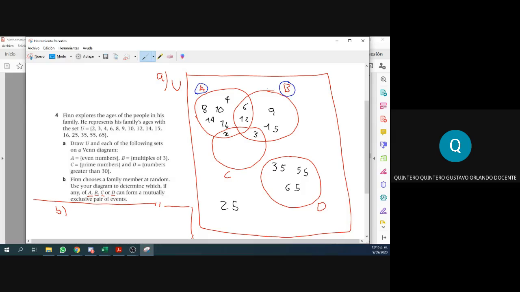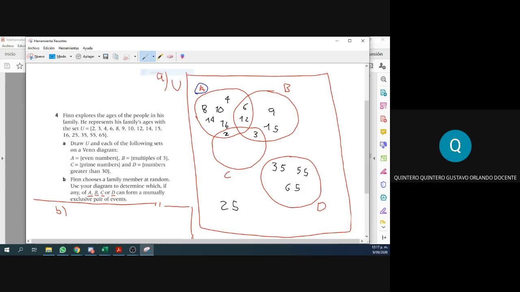Most people are saying no. Why not? Well, because the intersection is this one. This little part is the intersection, and as we can see, there is something there. We need to have intersections that are empty, and this one has things in it. So this is not a good example of two sets that are mutually exclusive.